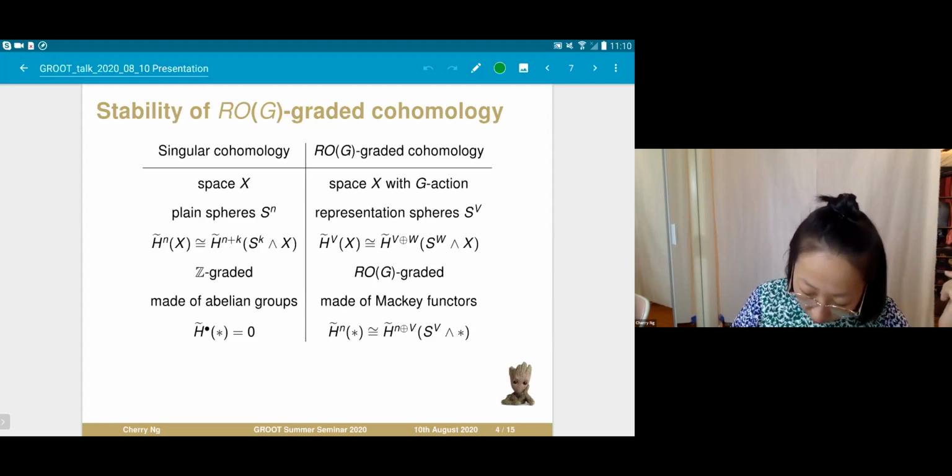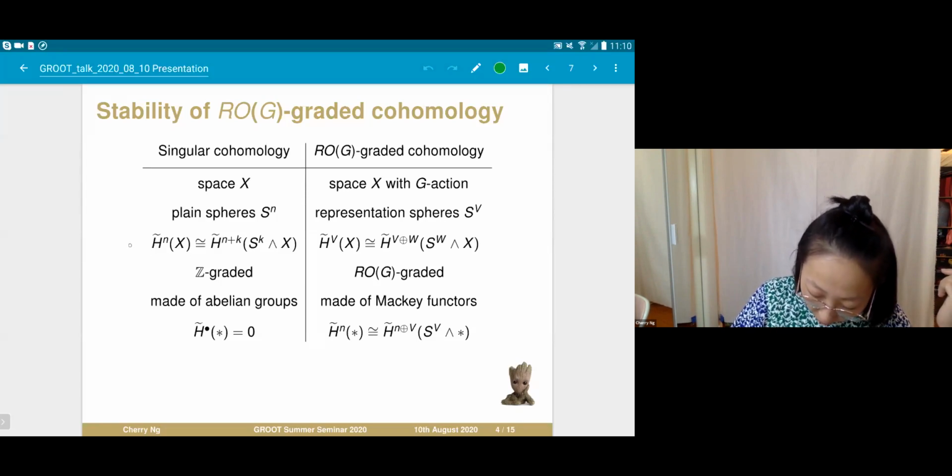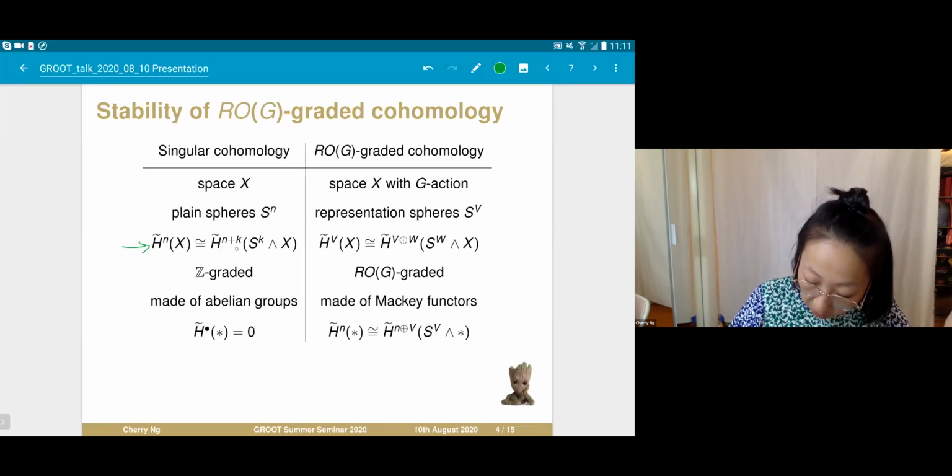Okay, the other thing is the suspension isomorphism is different. In singular cohomology, you may have seen this before, the nth homology of a space is the same as boosting the degree of the homology by k and also smashing with a k-sphere. And so you may think of this as the k's cancel.